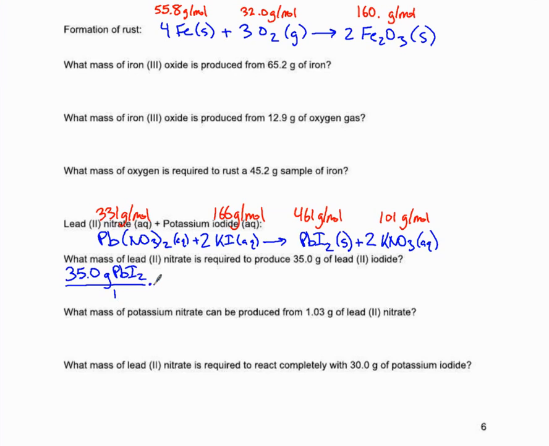Now we just have to put the pieces together. So lead-2 iodide has a molar mass of 461 grams per 1 mole.